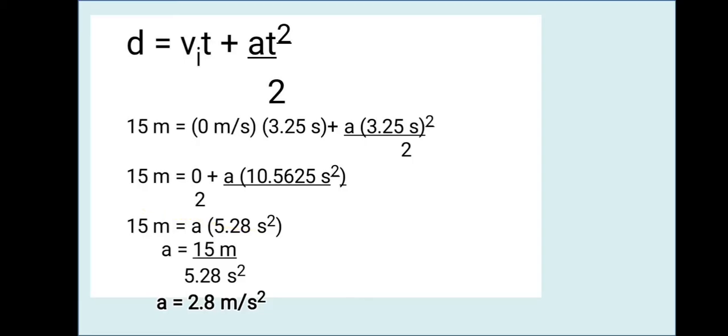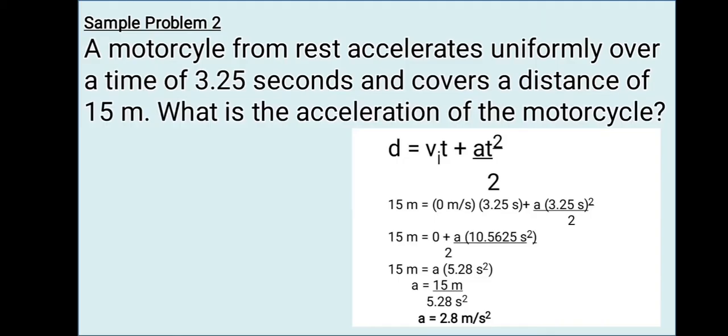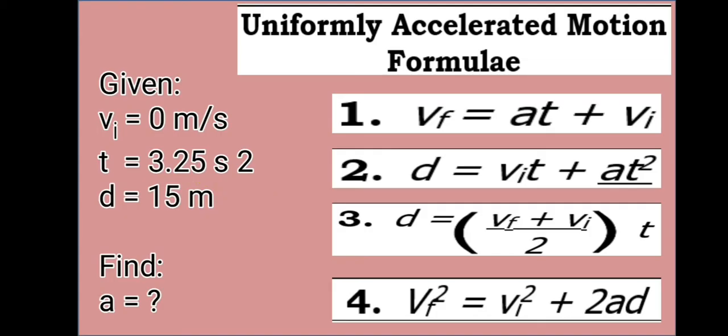And this is our solution. The same formula, D is equal to VIT plus AT squared over 2. I would like to remind you that our formula for number 2 contains this one, over 2. Okay, I forgot to write the divisor 2.